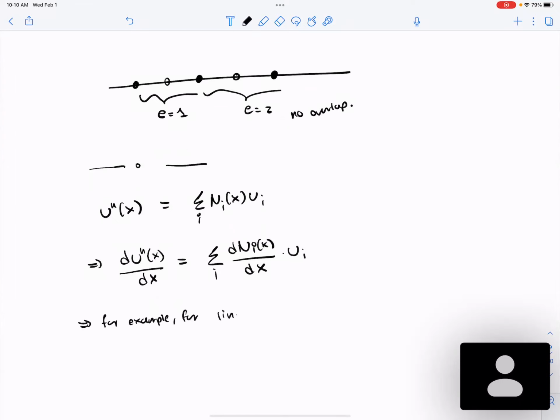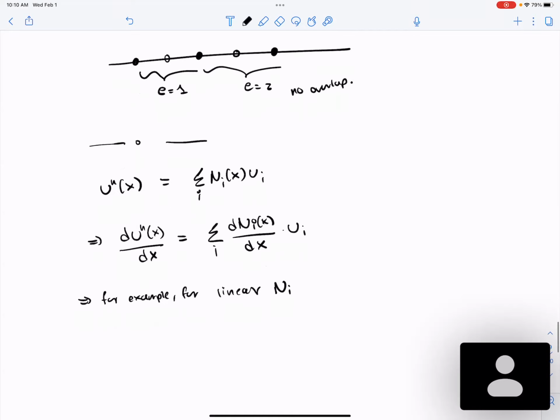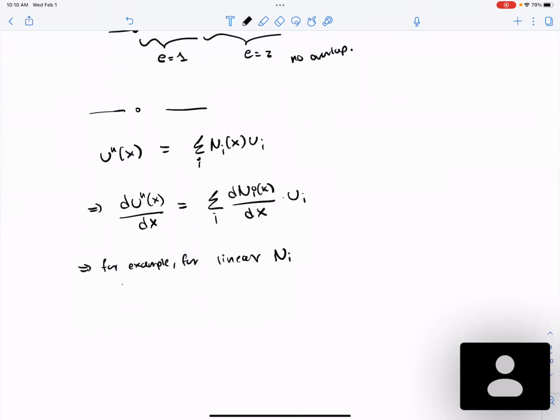So for example, for linear ni, we had two. We had n1, which was x minus x2 over x1 minus x2. Therefore, the derivative of this is just 1 over x1e minus x2e.